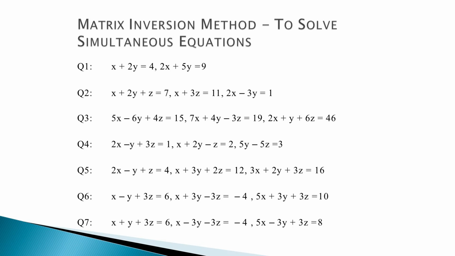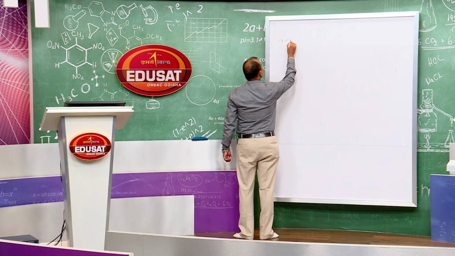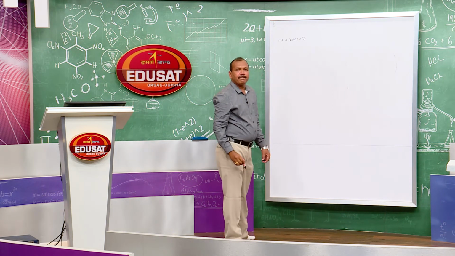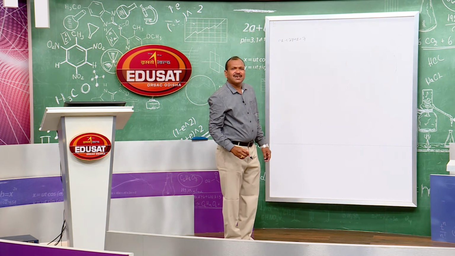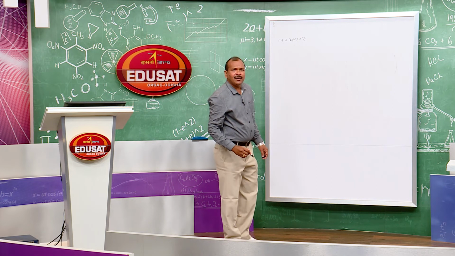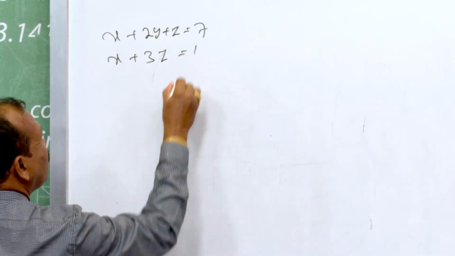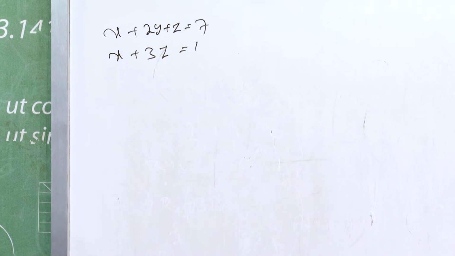Example 2 is given the linear equations: x plus 2y plus z is equal to 7, x plus 3z is equal to 11, 2x minus 3y is equal to 1.